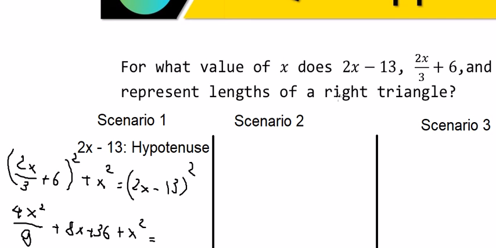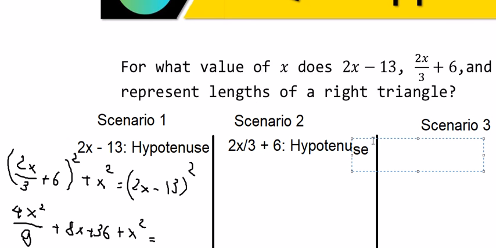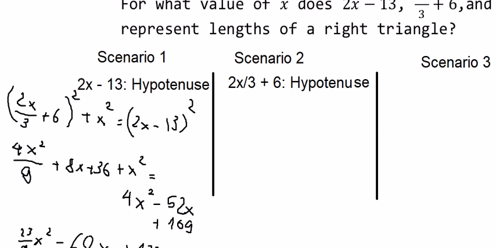Now let's use the same technique. In this situation, 2x over 3 plus 6 is the hypotenuse. So we do the same.